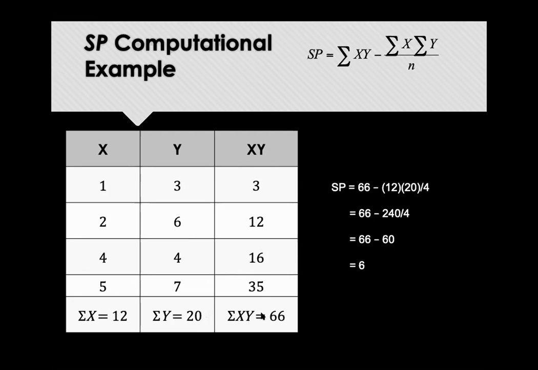And then you're going to simply plug these values that you calculated into the computational formula. The sum of products is equal to the sum of x times y, which we calculated to be 66, minus sum of x, which we calculated to be 12, times sum of y, which is 20, divided by n, which I said in this example is 4. And you just do the calculations and you get to 6, which is exactly what we got using the definitional formula.